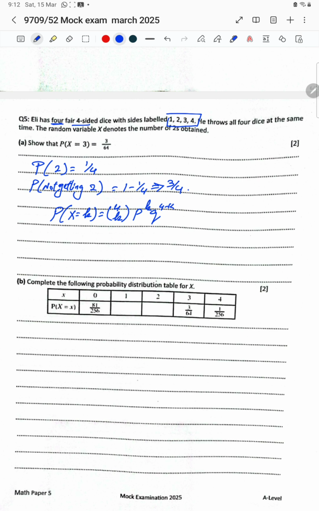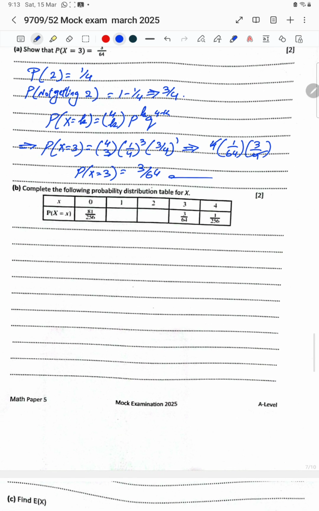Now we have to take k as 3: 4C3, p is 1 by 4 power 3, q is 3 by 4 power 1. So 4C3 is 4, and this is 1 over 64, and it's 3 by 4. 4 cancels. So the probability of X equal to 3 comes to be 3 by 64. It was so easy, a 2 marks question.